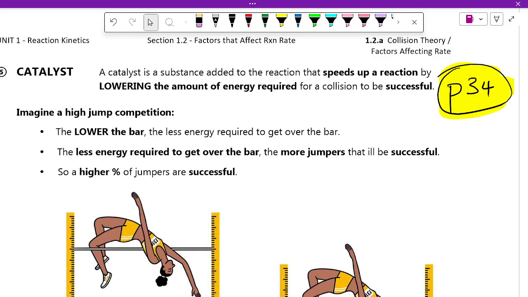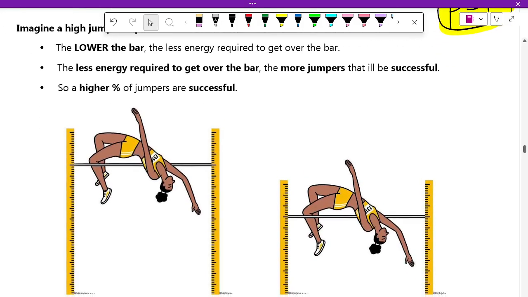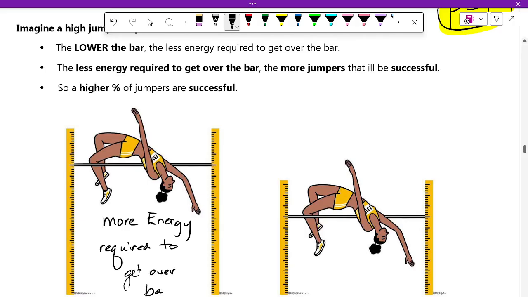Another analogy is, let's pretend we're at a high jump competition, and if you have a higher bar, it requires more energy to get over the bar. If you have a lower bar, it requires less energy.